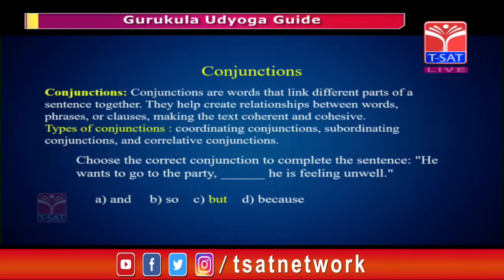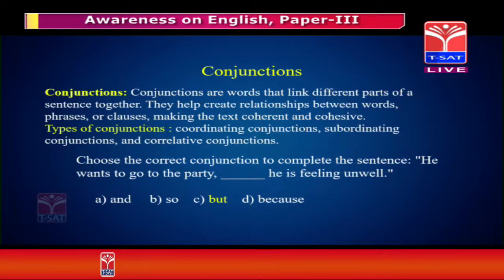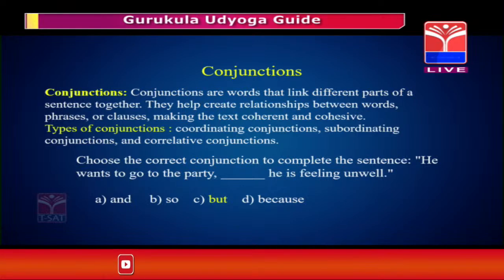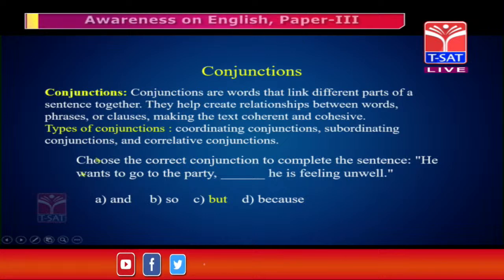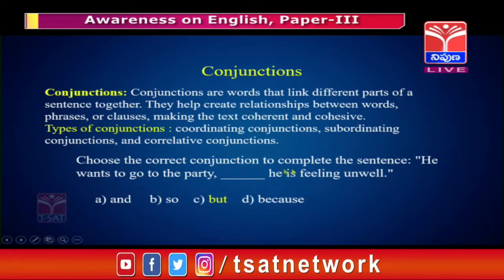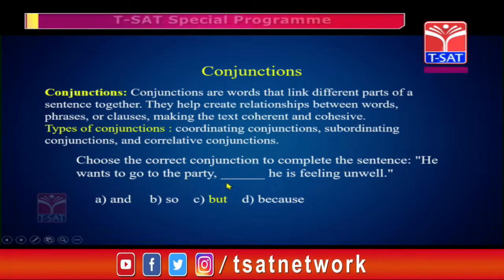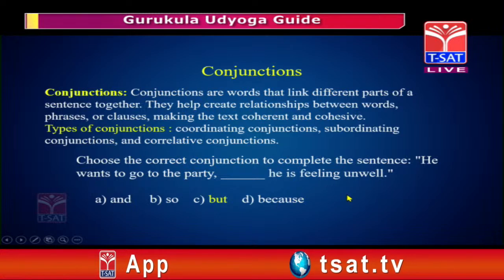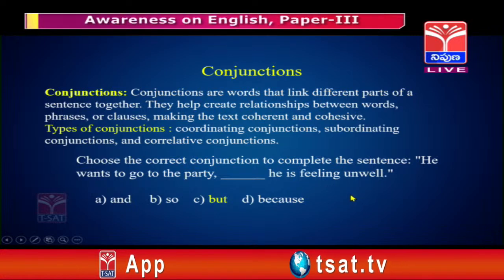Most of the time we are asked to join 2 sentences. In many examinations they give 2 sentences to us and ask us to join these sentences using the right conjunction. So we can see the example here. The example is: he wants to go to the party, he is feeling unwell. He wants to go to the party but he is feeling unwell, so he couldn't go, that's the reason.